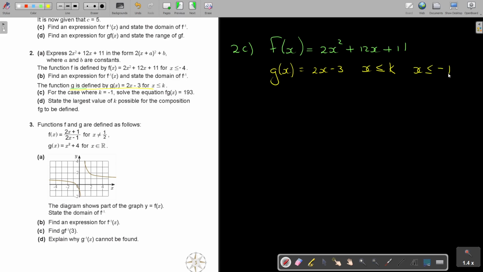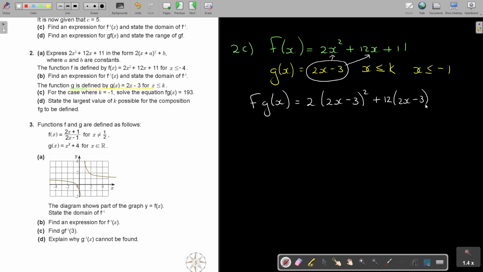So if I'm going to start, then I'm going to say f g x. I'm going to take g, and now just be careful because there's two places where you see x. So it's going to be 2, and then it's 2x minus 3, and don't forget your square, plus 12, and then it's 2x minus 3 plus 11.